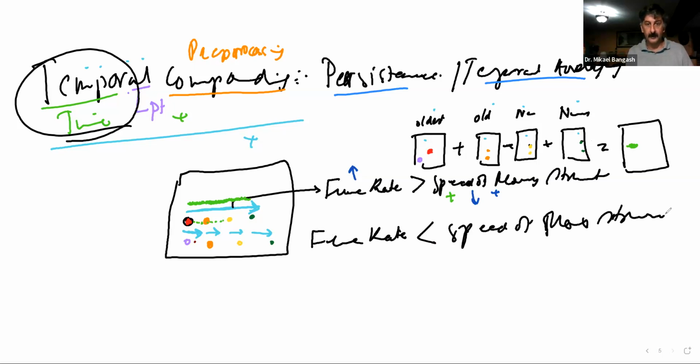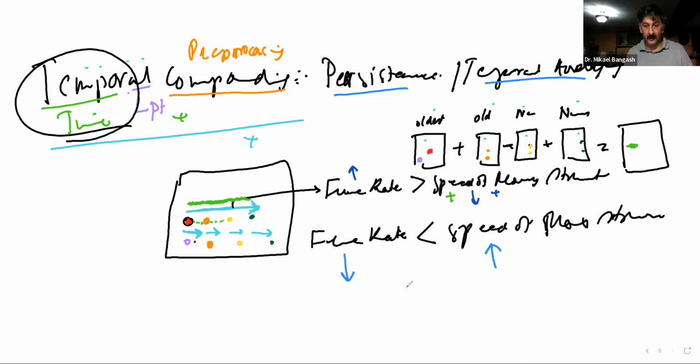If our frame rate was low, it takes more time for each frame to be produced, so we have a lesser number of frames in a specific period of time when compared to the speed of the moving structure.